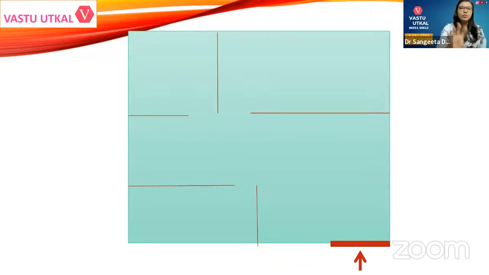Let's say this is the blueprint of your house. This is the blueprint of your house map or anything. Now, can you see this? And can you see one arrow? This indicates your entrance. Every house has an entrance.